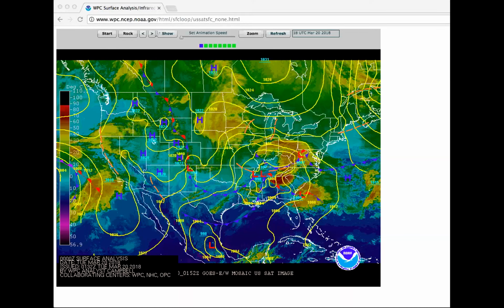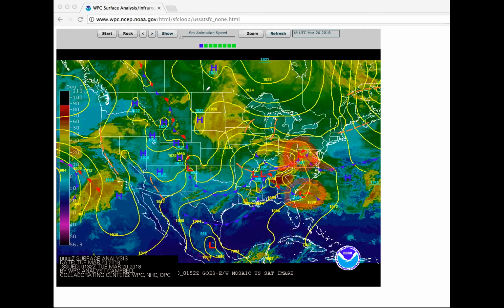I will draw with a fairly thick arrow. This is the low pressure center. Here is, it turns out to be an occluded front. And here is a cold front. This low pressure and this low pressure are going to merge as I move this forward.